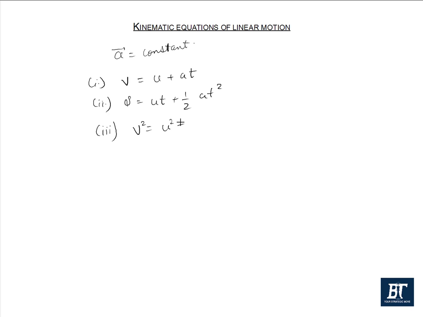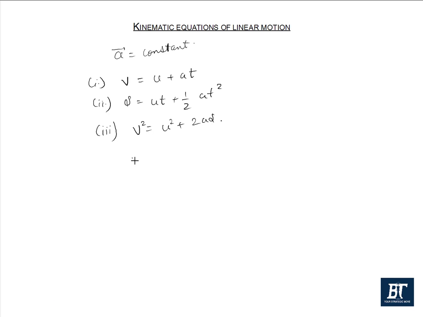And for constant acceleration, equations of motion are v is equal to u plus at, s is equal to ut plus half at square, and v square is equal to u square plus 2as.